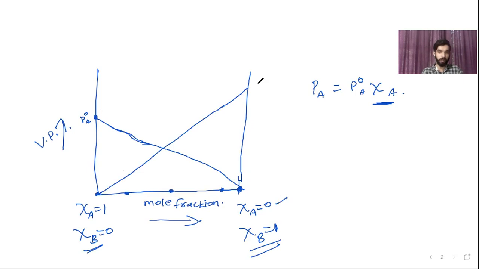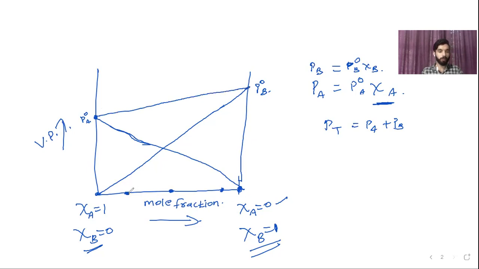So that will be the maximum vapor pressure of B, P naught B, the vapor pressure of pure B. And P total, we know, equals Pa plus Pb, so it will look like this.